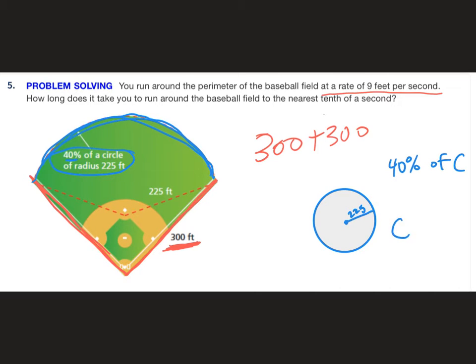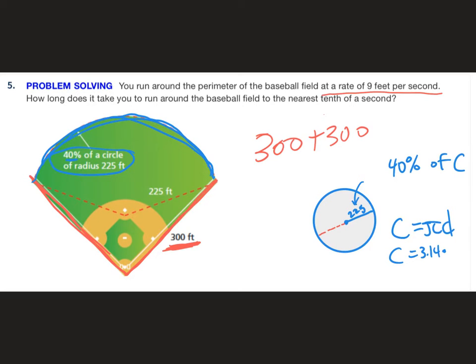C. And circumference is pi times diameter, right? We remember that from last section. Okay. So circumference is equal to 3.14 times, well, what's the diameter? Okay, so it is not 225. 225 is radius. So hopefully you're thinking, well, the diameter is all the way across. So the diameter is 2 times 225, right? Because it's twice as far. So it'd be 450.